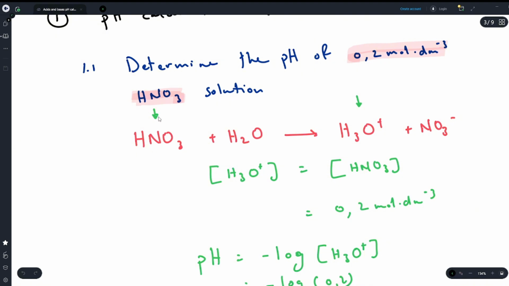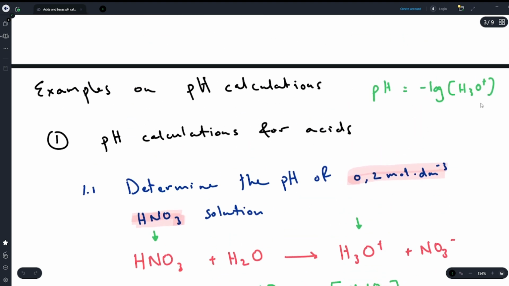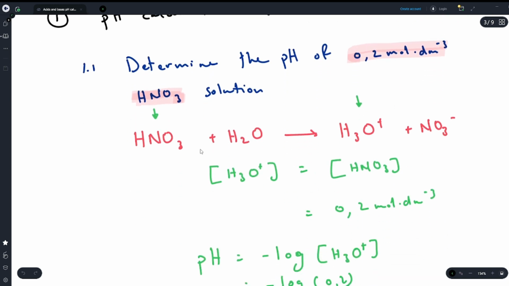When we compare, as you can see the arrows above, they show us what to compare. We're comparing the concentration of HNO3 to the concentration of H3O plus. Why? Because we need the concentration of H3O plus to substitute into this formula in order to find the pH. So, according to our balanced chemical equation, we can see that the ratio is 1:1.